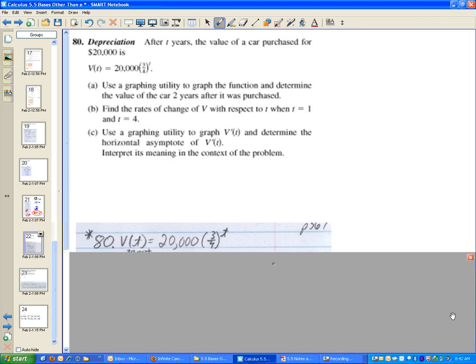After T years, the value of a car purchased for $20,000 is V of T, so value at time T, not velocity, value, equals 20,000 times 3/4 to the T. Part A, use a graphing utility to graph the function and determine the value of the car 2 years after it was purchased. All right, then we'll look at the others once we get that done. So, get out your calculator.